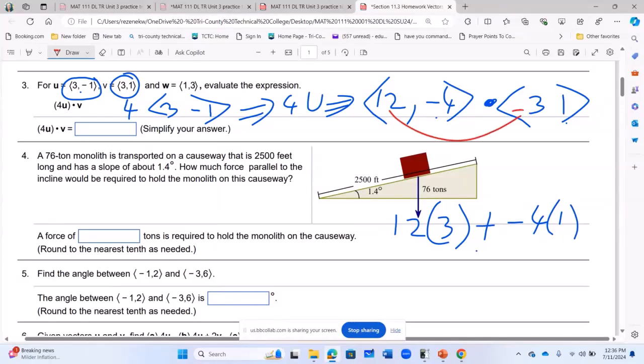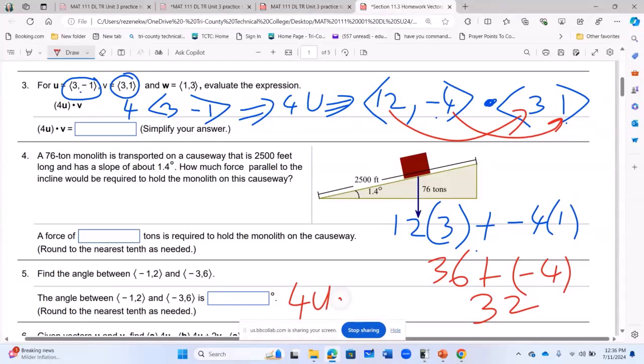I multiply the first by the first, the second by the second, and when I finish, I'll add them up. 12 times 3 is 36, plus -4. 36 minus 4 is 32. Therefore, vector 4u dot vector v is equal to 32, a scalar quantity.